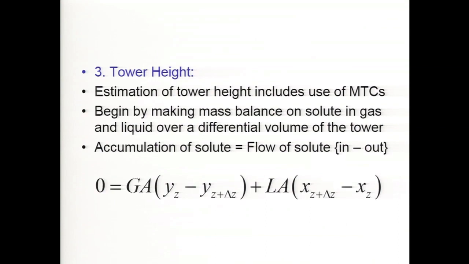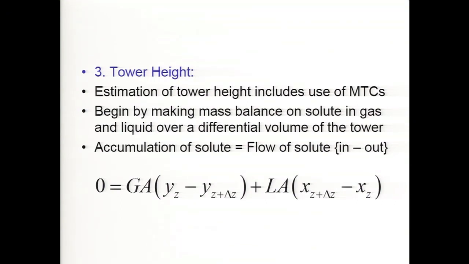Y and X are mole fractions in the gas and in the liquid of the solute vapor. This is input minus output with the gas, and this is input minus output with the liquid. Total input minus output of the solute will be equal to accumulation. We presume steady state for a packed tower, so the accumulation is 0.